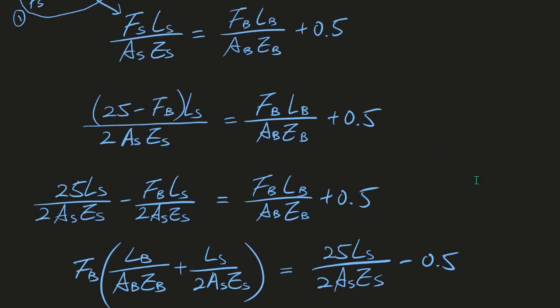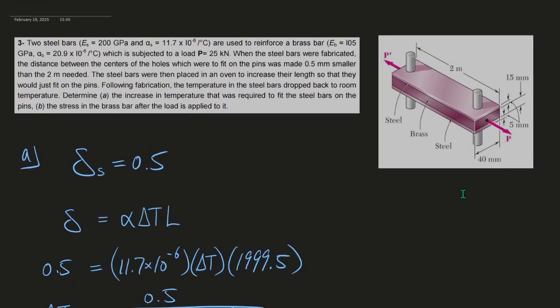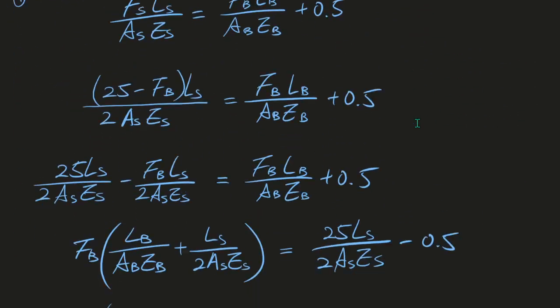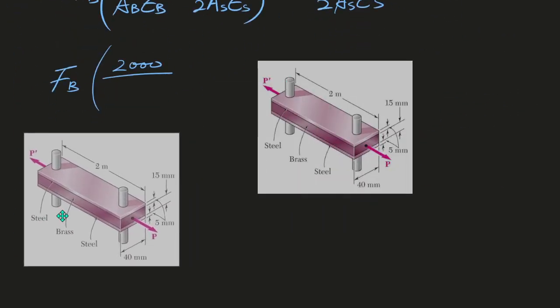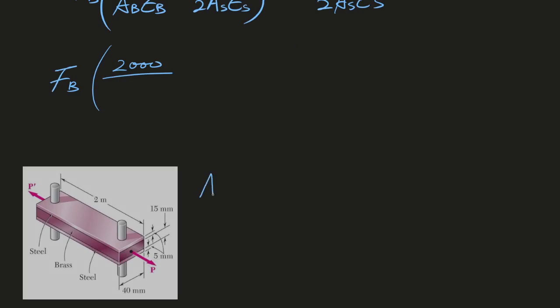Ab, now let's solve for A and revisit the diagram we are given. So I will copy the diagram, paste it here. Cross-section area of brass is equal to 15 millimeters multiply 40 millimeters. Type that into the calculator, and that gives me 600 millimeters squared.